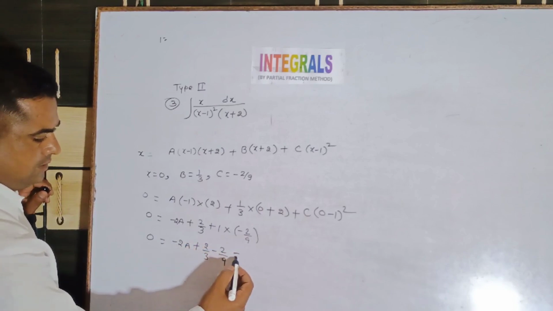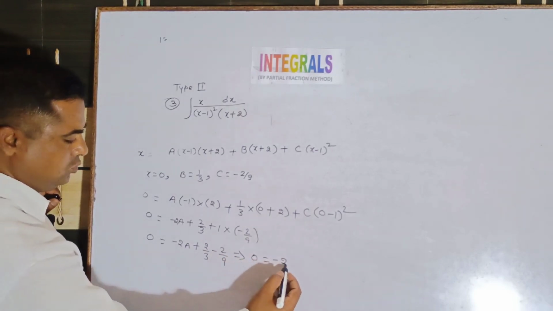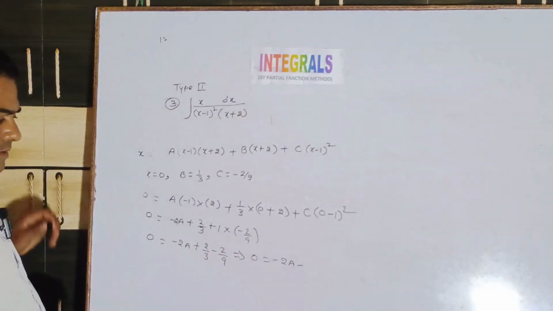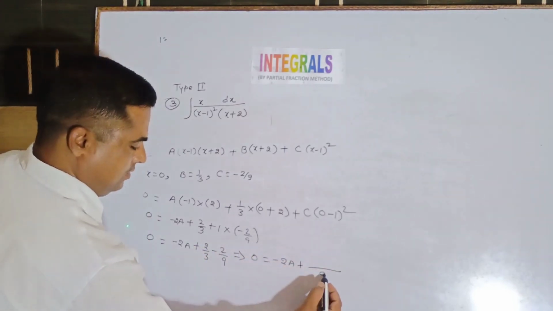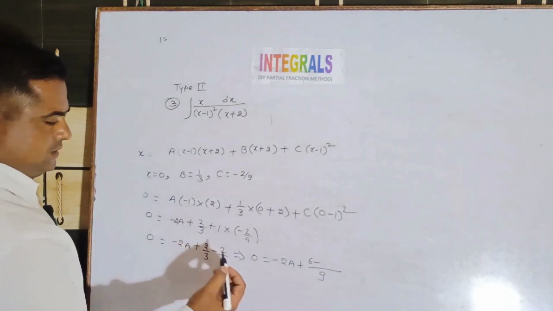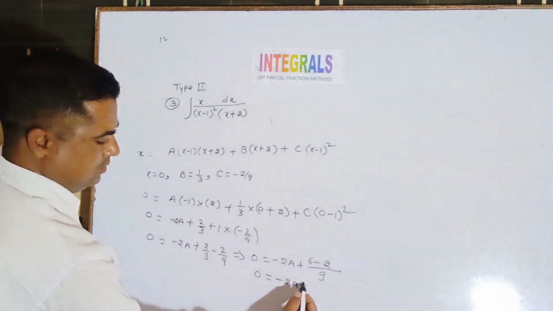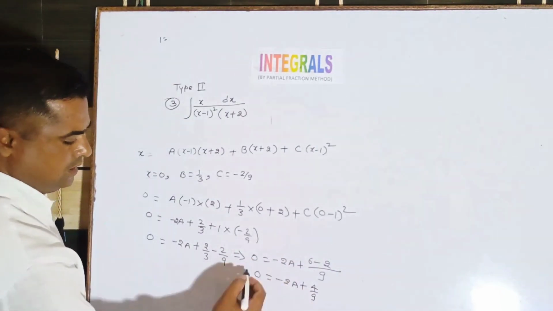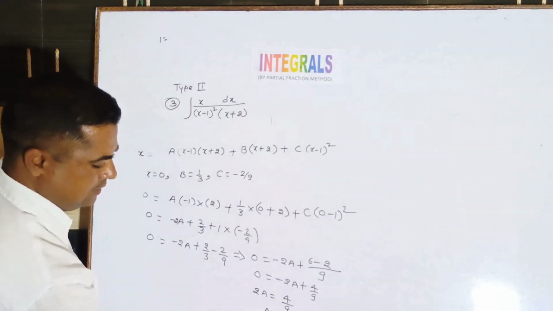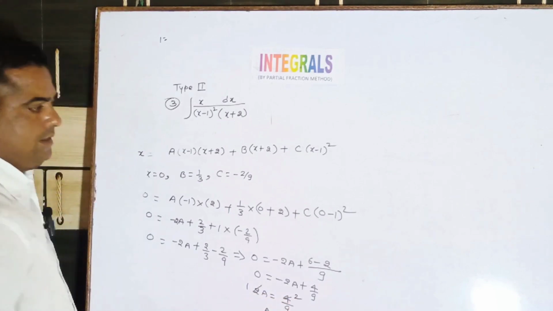Taking the LCM of 9 and 3, this will be 9. 3 threes are 9, and 3 twos are 6, minus 2. We can write 0 is equal to minus 2A plus 4 upon 9. Transposing this 2A to the left hand side, we get 2A equals 4 upon 9. The value of A will be 2 upon 9.